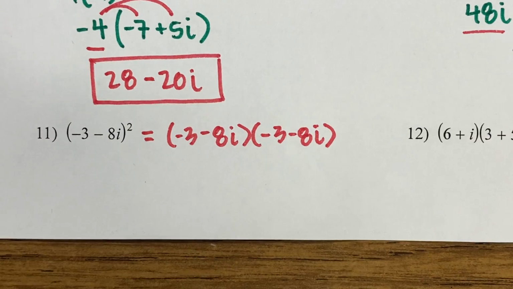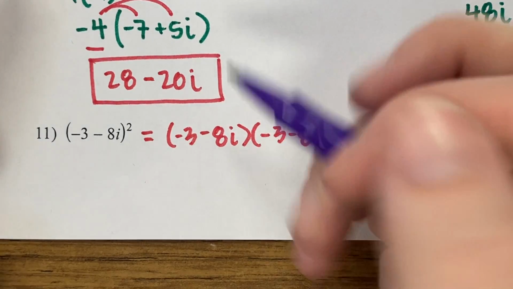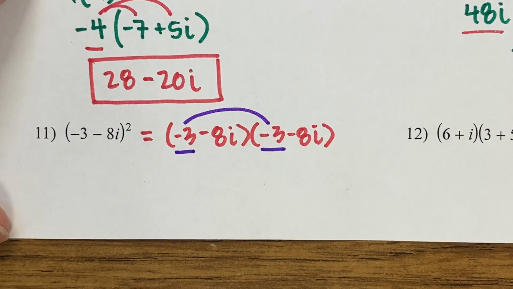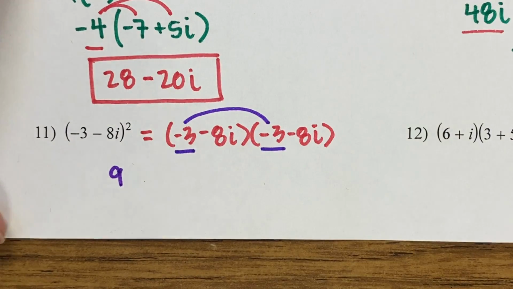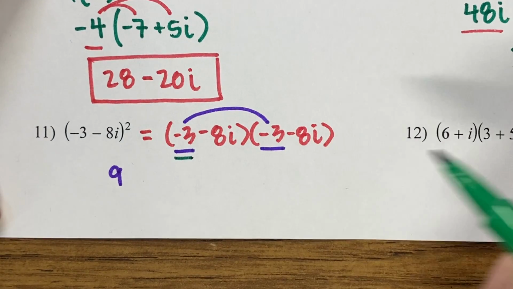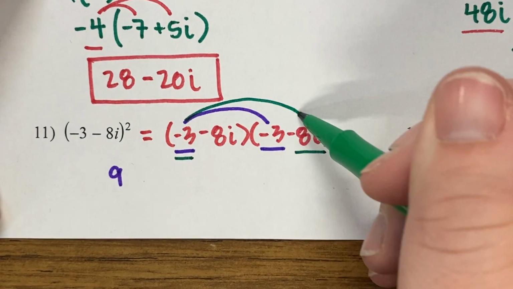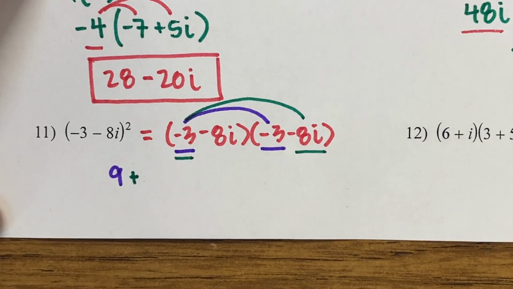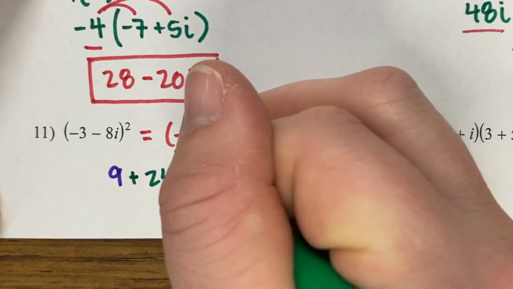So we have F, my first terms. First times first, negative 3 times negative 3 gives me positive 9. Then I have my outside terms, negative 3 times negative 8i is going to be positive, 8 times 3 is 24, 24i.